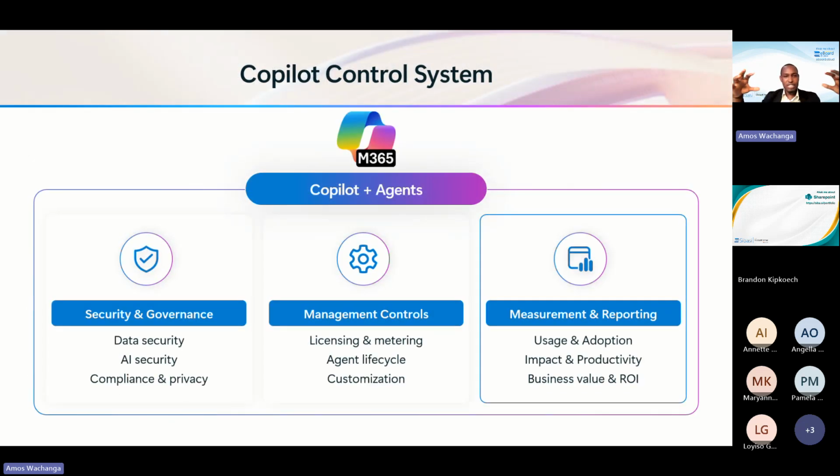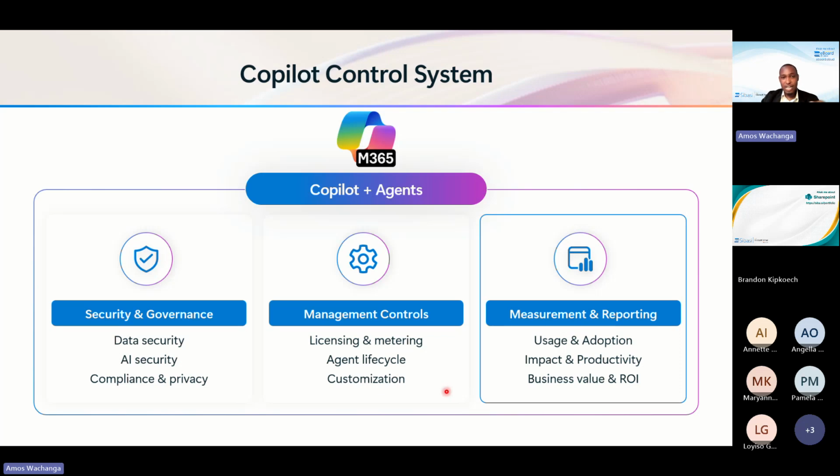So within Copilot, something you might want to consider is that you are able to manage your security and governance, so that you do not have information leaking out of your organization, or somebody within a team who is not authorized asking questions to the AI tool and it responding with that information.